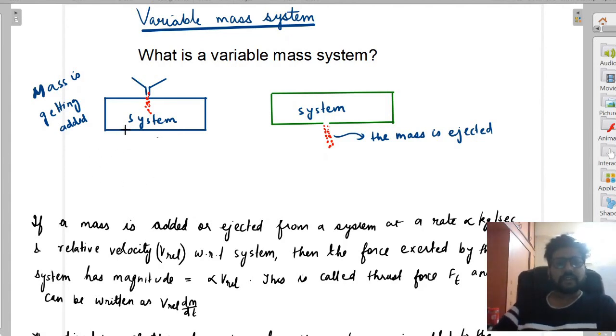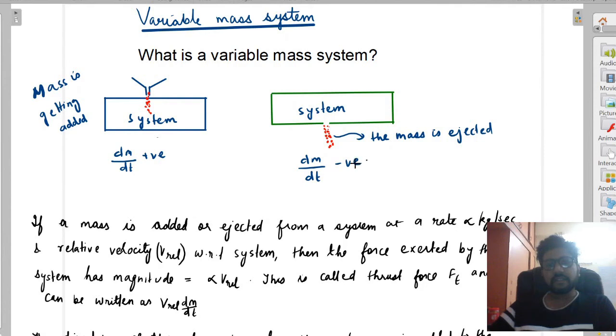So here the mass is getting added, so you'll say that the rate of change of mass is positive. And here the mass is getting ejected, so you will say that the rate of change of mass is negative.